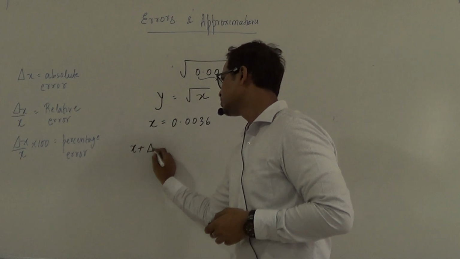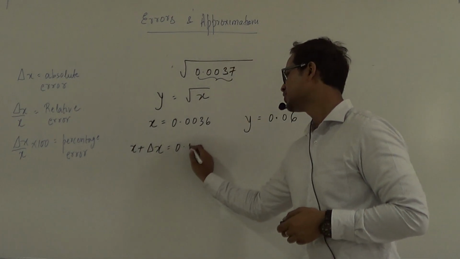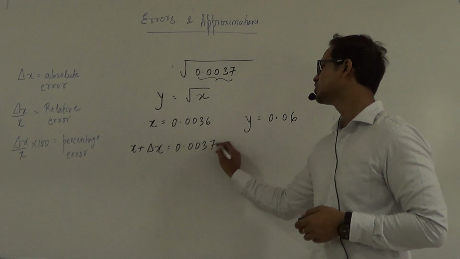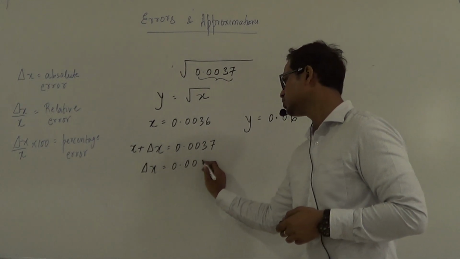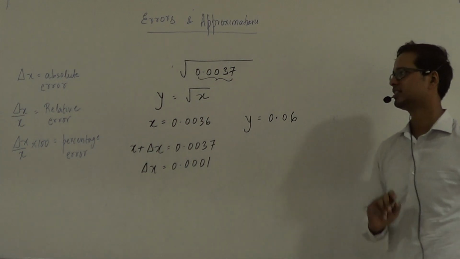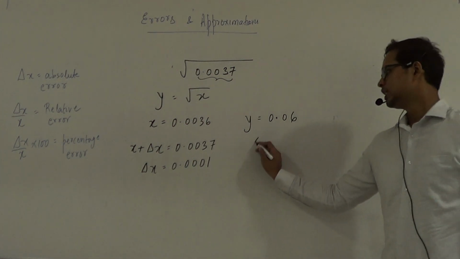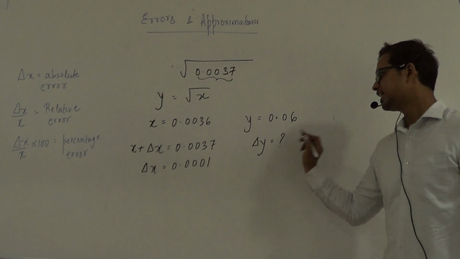But God does not want that. So he made it 0.0037. That means the error was 0.0001. So what is my delta y, and that is what I need to find.